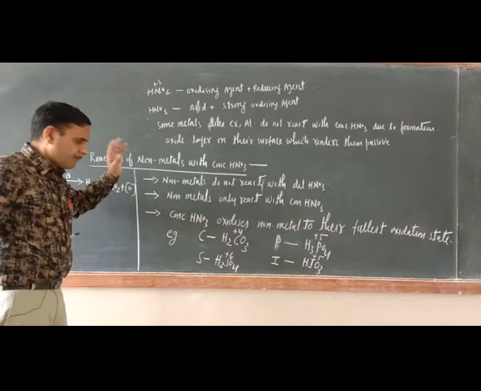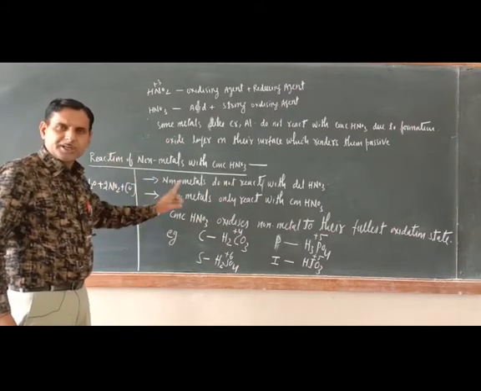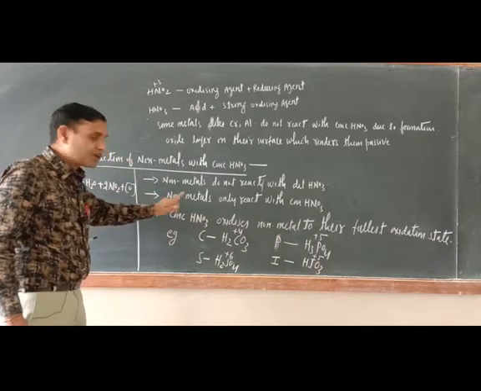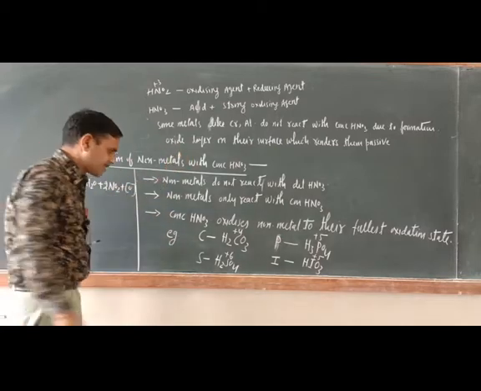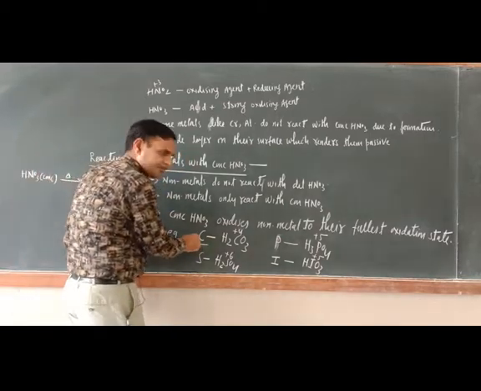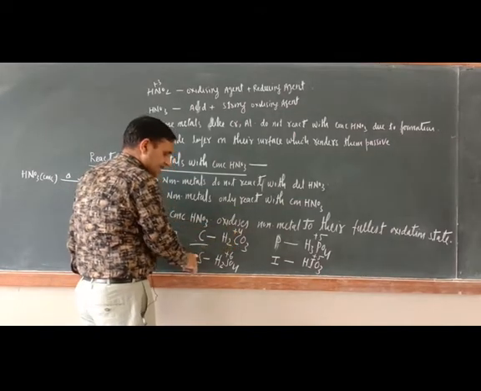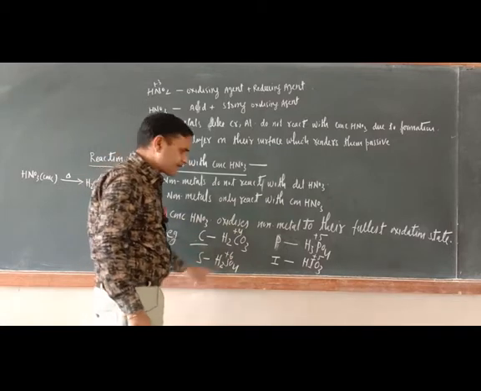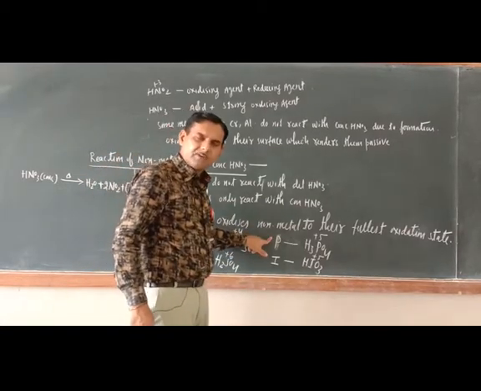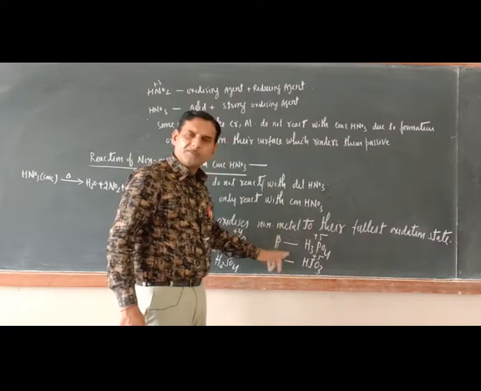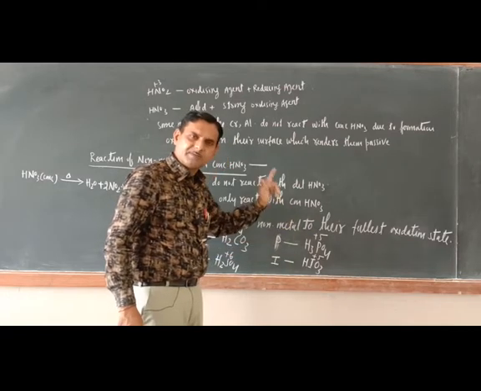Remember, whenever concentrated HNO3 reacts with the non-metals, it oxidizes that non-metal to its fullest oxidation state. Just see. Carbon's fullest oxidation state is +4, sulfur's is +6, phosphorus's is +5, and iodine's is +5.